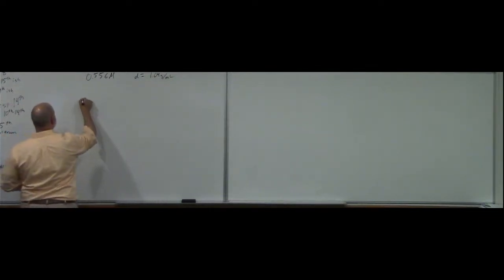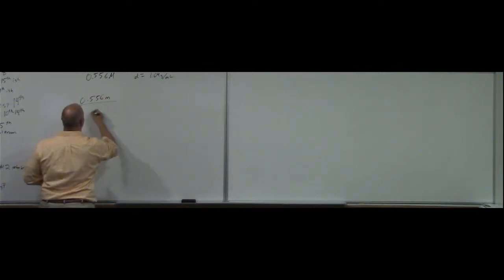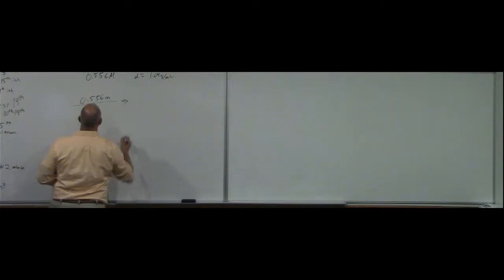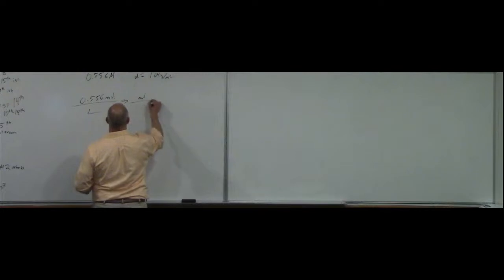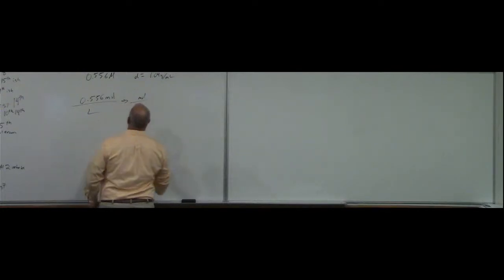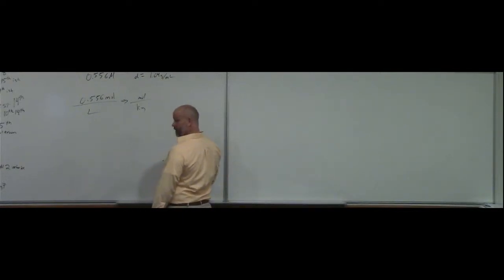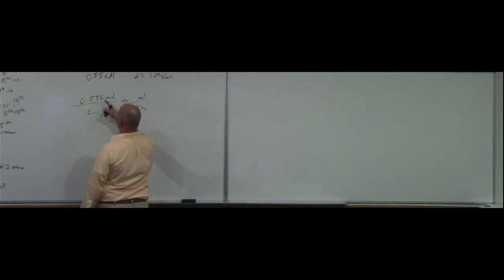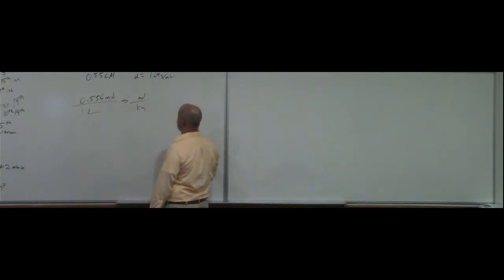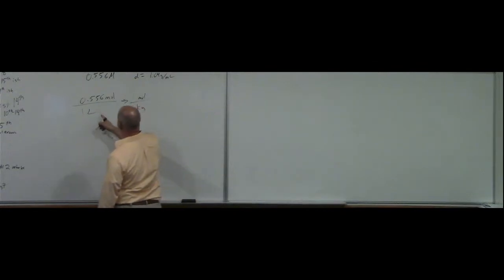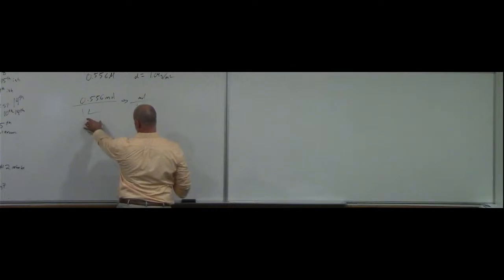So I have 0.556 moles per liter. What I need to find is the number of moles per kilogram. Okay? So if I have this many moles, I'm assuming 1 liter, right? I need to get the mass of a liter, and this is a liter of solution, right? Not just of water.